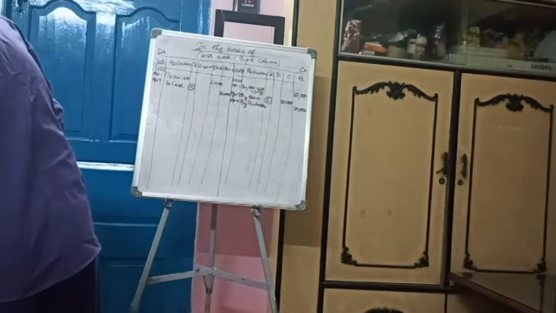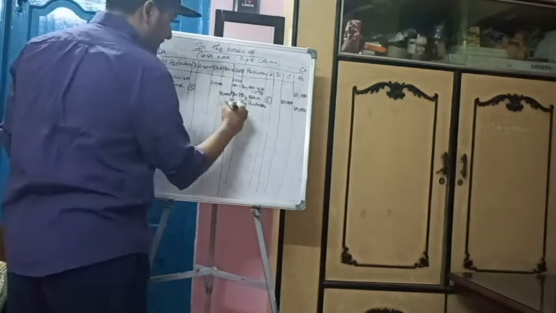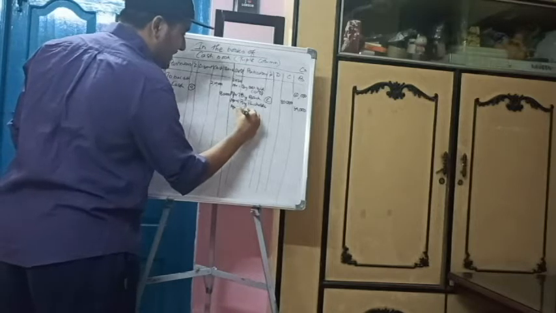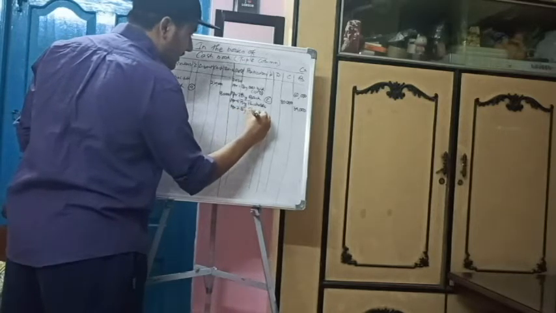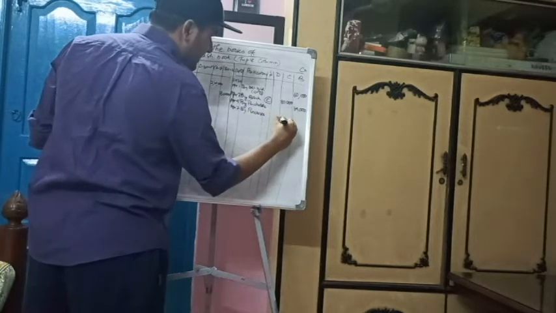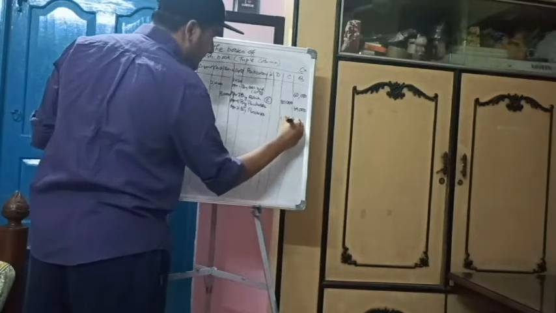Next entry, cash purchases. That means this time purchases are made in cash. Date is April 7. Same, payment is being made. So by purchases, cash, under cash it is 16,000.